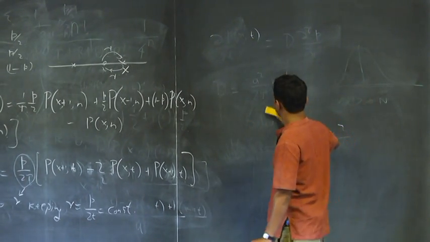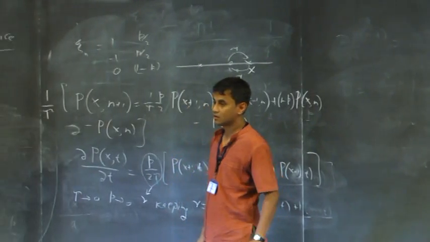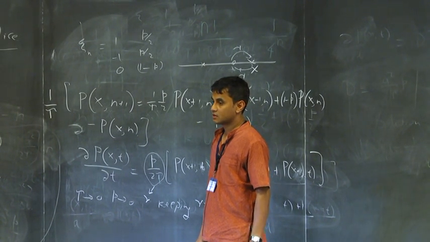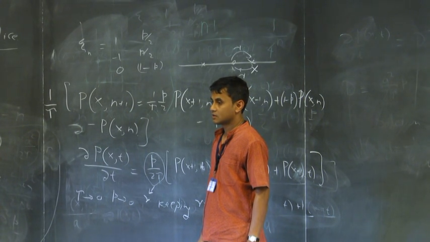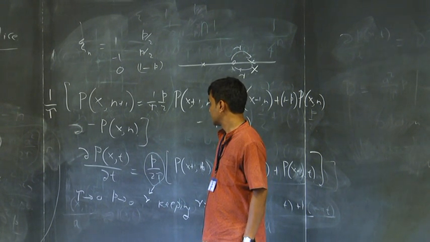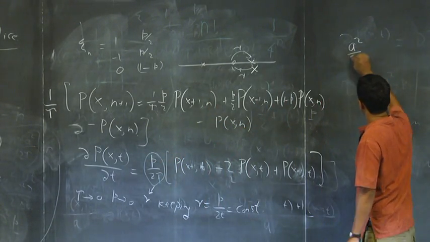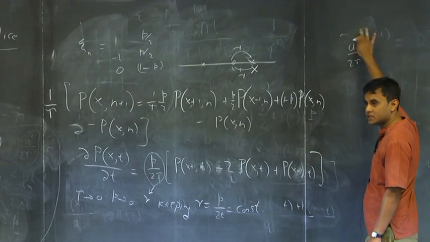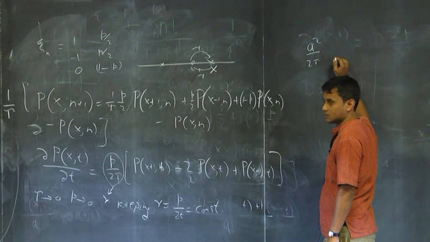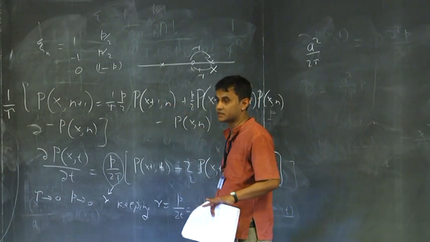Are you not changing the velocity in some way? Let's say in a very small time tau, let's say it hops. So earlier when you started the model in the discrete system, to hop it would take time tau, which was large. No, tau was always small. Even there I said a square by 2 tau; you have to take a going to 0, tau going to 0, keeping this finite. Right now in this model, the a is just because I want to keep space discrete, so that is finite.